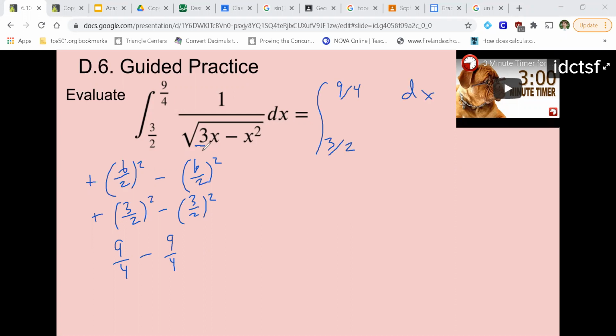I'm going to put the dx on top. Not that it really matters. Negative x squared plus 3x plus 3/2 squared minus 3/2 squared.